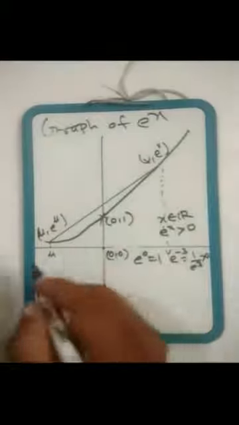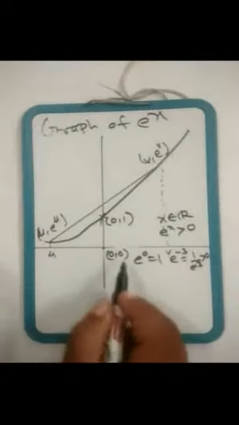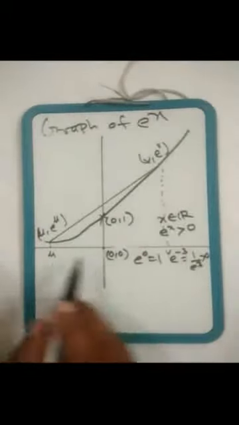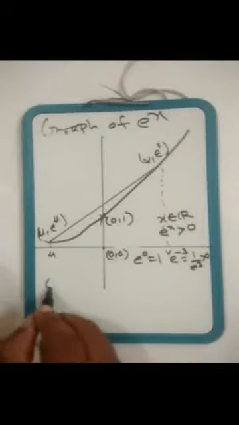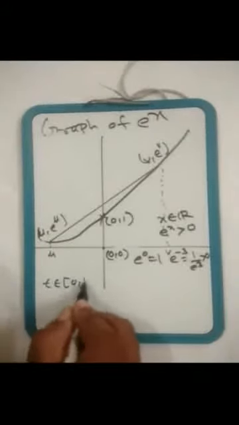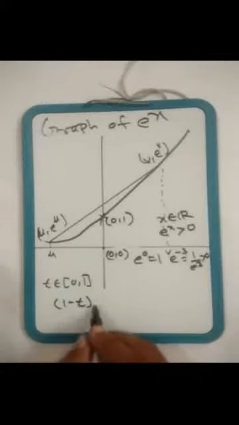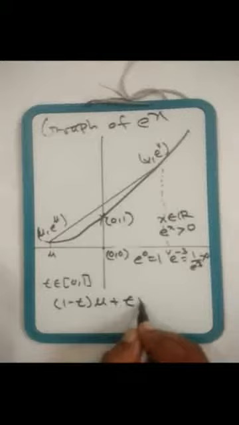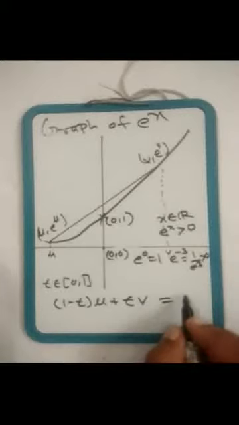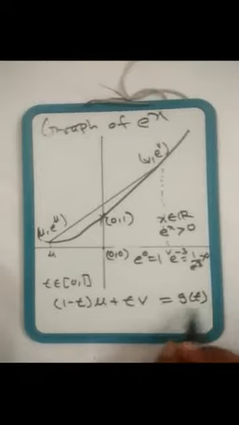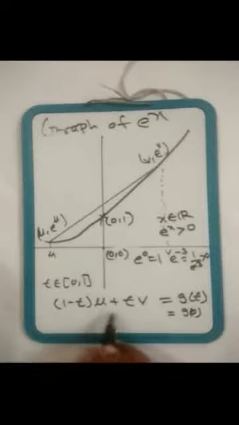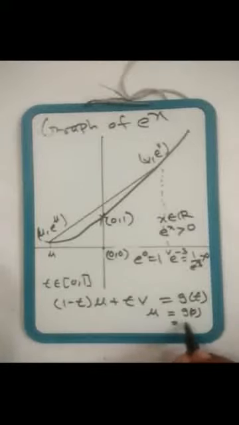And the line joining these, the line joining u and v, is given by taking t belonging to [0, 1], 1 minus t times u plus t times v. If you take the function, say g of t, then g of 0 is in fact u, and similarly g of 1 is v.